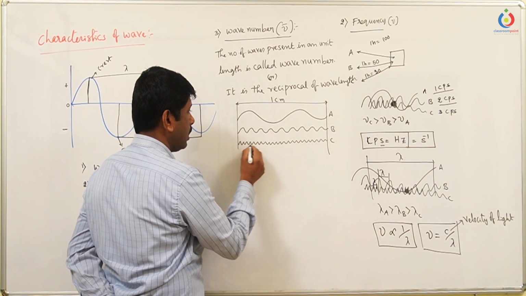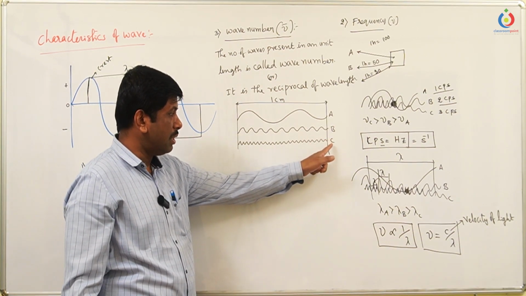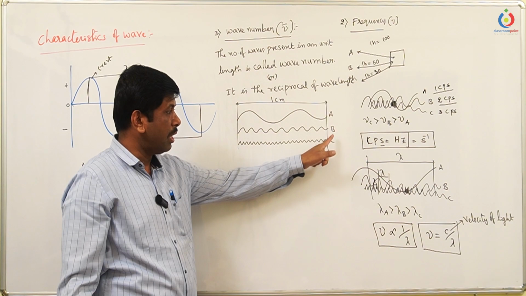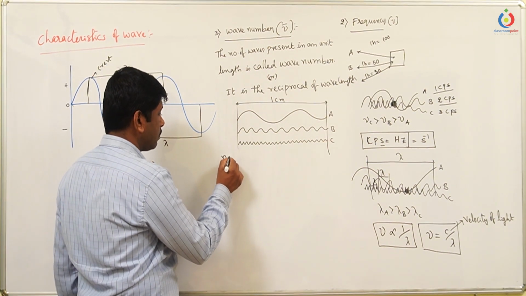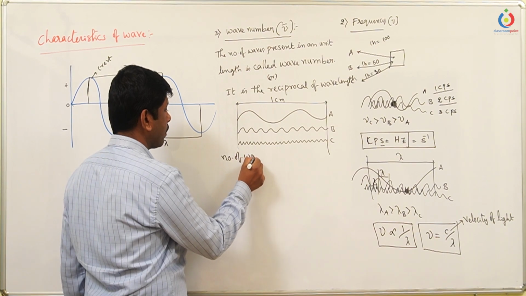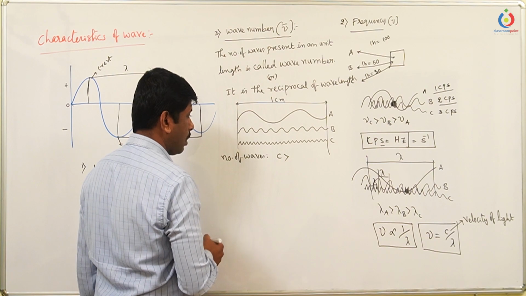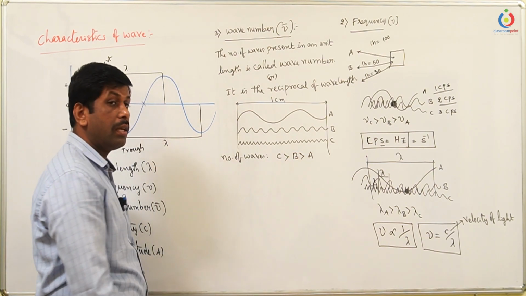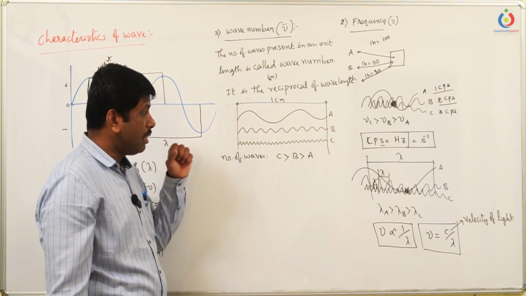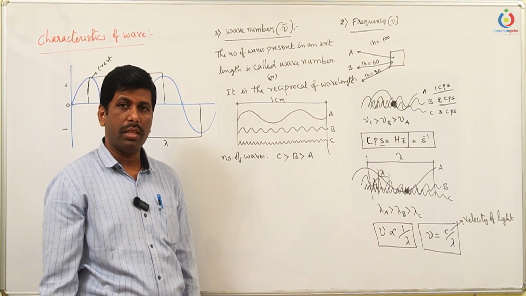You have to count. Here also, if we count, the number of waves present in the case of C is more than B, B is more than A. So C has more number of waves than B, B is having more number of waves than A. Why?